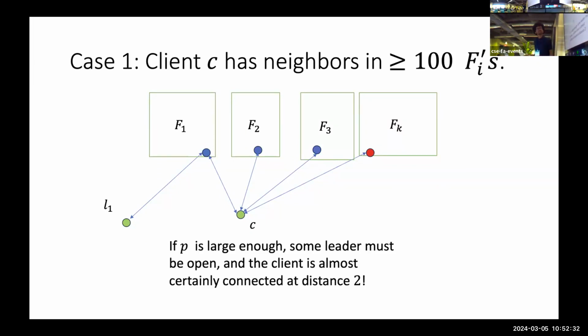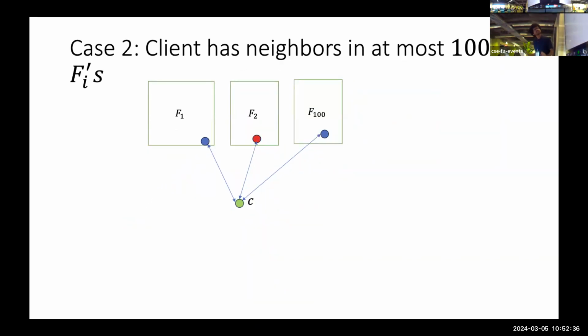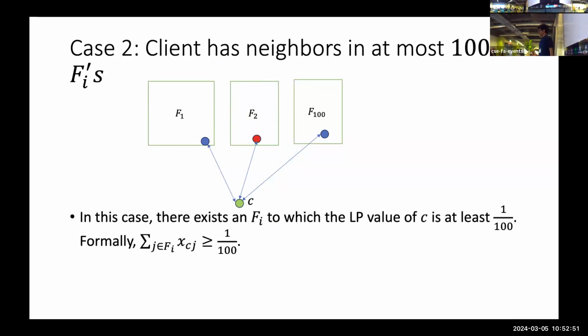Okay, what's the other case? The other case is when you have neighbors only in a few clusters. This seems like a good thing again, because this client is almost integral according to the LP. The LP is just saying you're only sending flow to these 100 Fis. What should happen then?